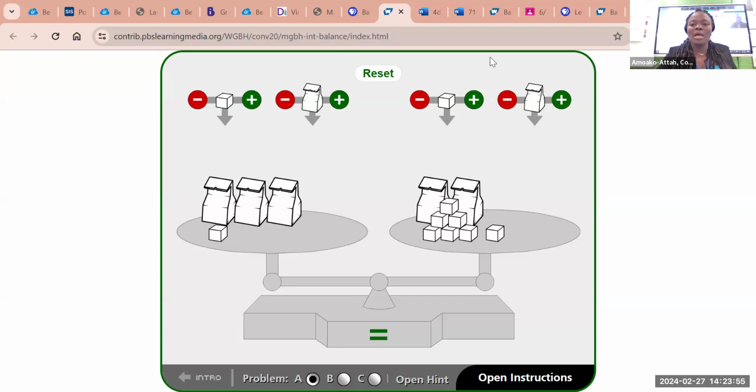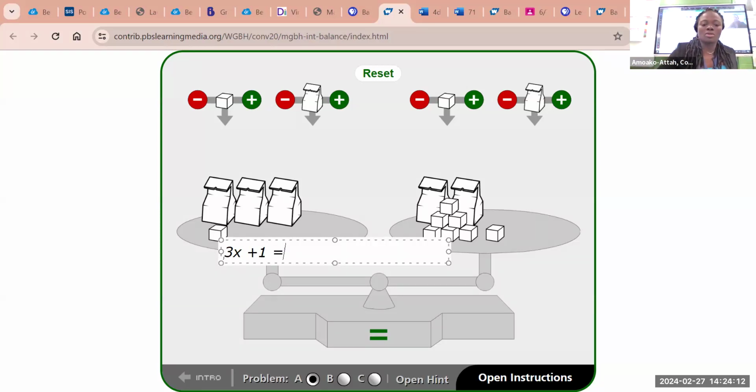So writing an equation to represent this is going to be 3x, because 3 boxes, plus 1, because only 1 block, equals, we have our equal to sign here.